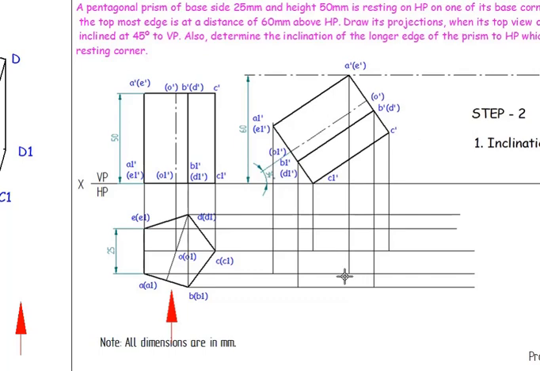So this point is A, this is B, this point is C, this point is D, and this point is E. Similarly, this one is A1, this one is B1, this is C1, this is D1, and this one is E1.